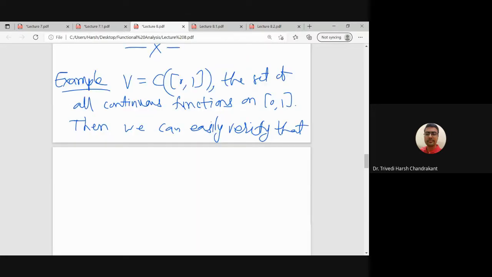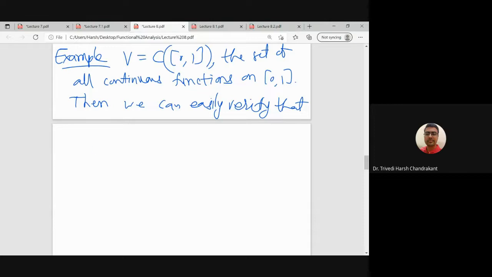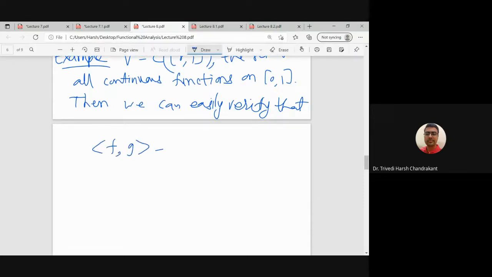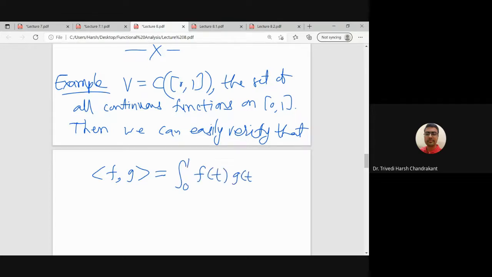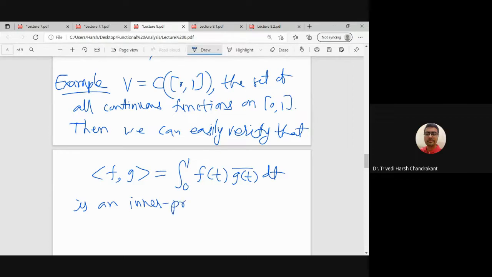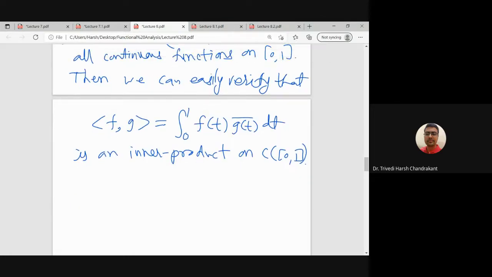Can you tell me? You must be remembering this from linear algebra also, that the inner product is the integral of f(t) times g(t) conjugate. Right, so we can easily verify that this is an inner product on C[0,1]. So in future, whenever we say C[0,1], that means the set of continuous functions over the closed interval 0, 1.